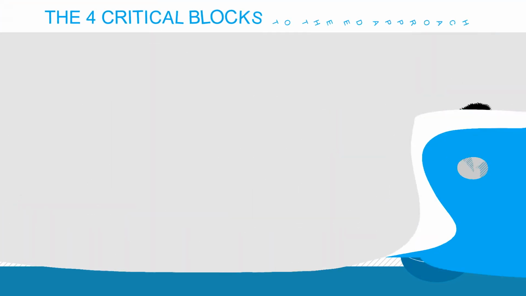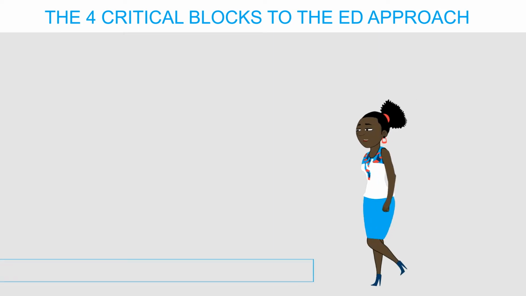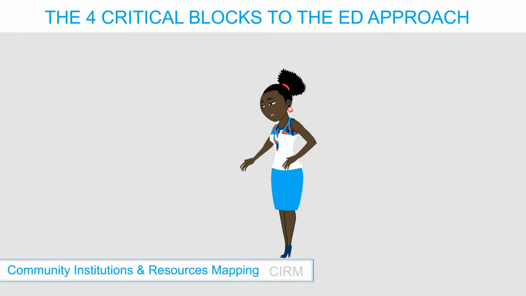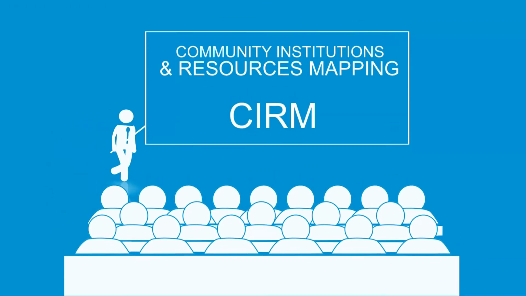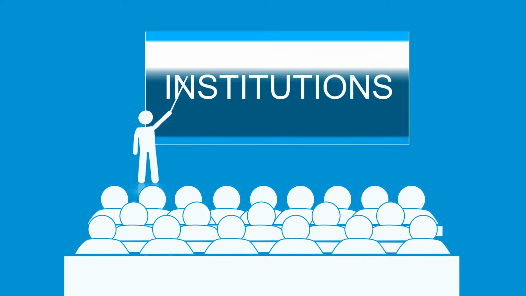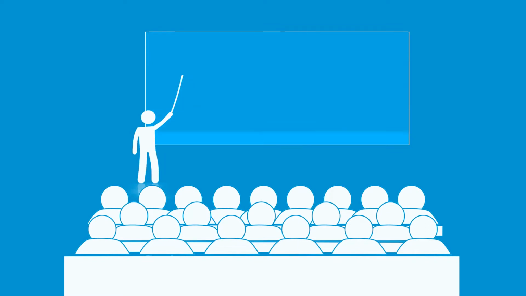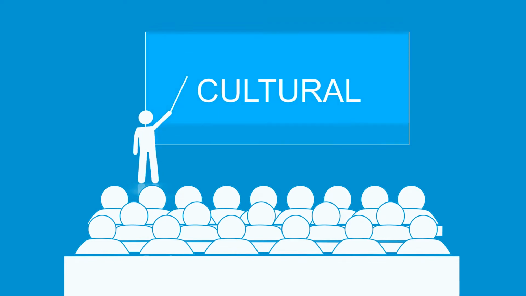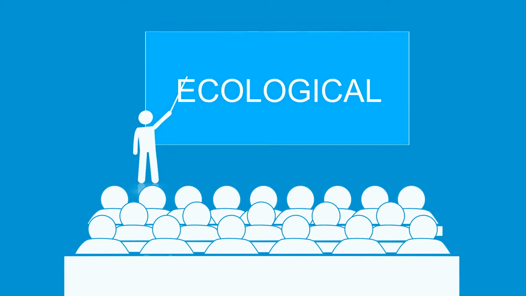The 4 critical blocks of the ED approach are: 1. Community Institutions and Resource Mapping, CIRM. This process is deeply participatory. The community is facilitated in mapping its institutions and resources to encompass its spiritual, intellectual, cultural, technical, and ecological knowledge.